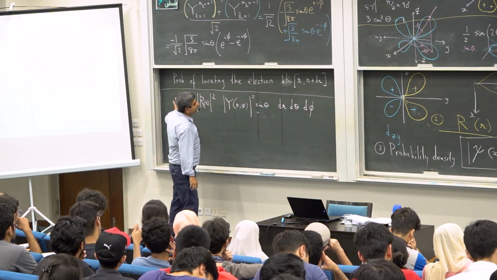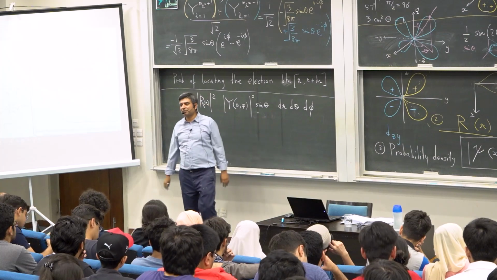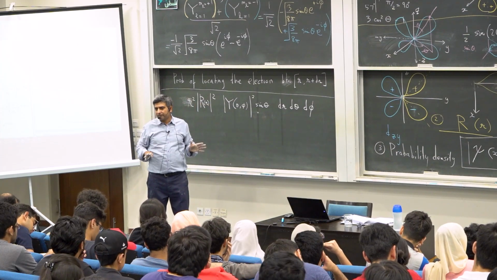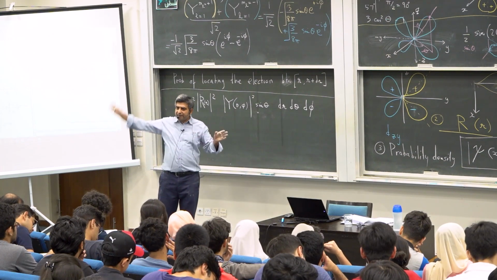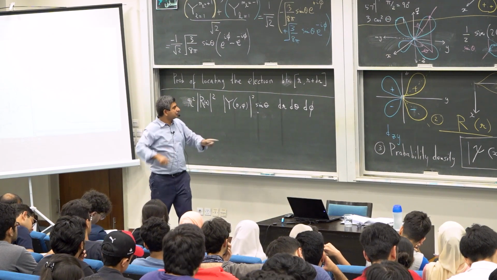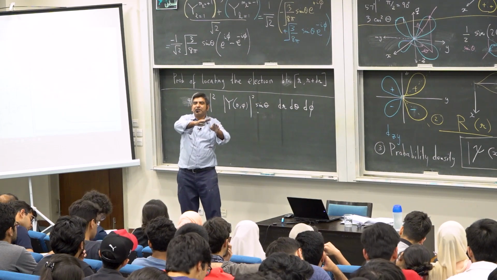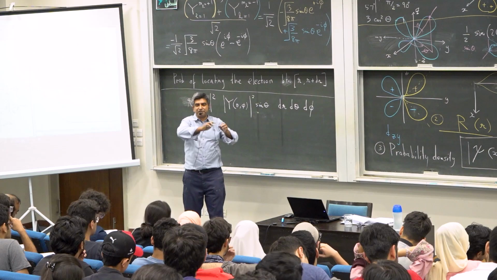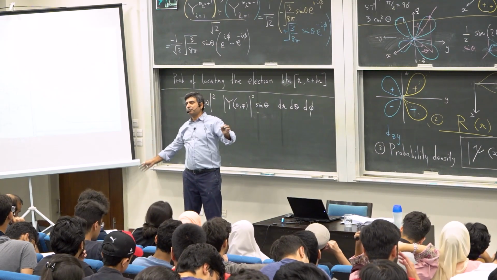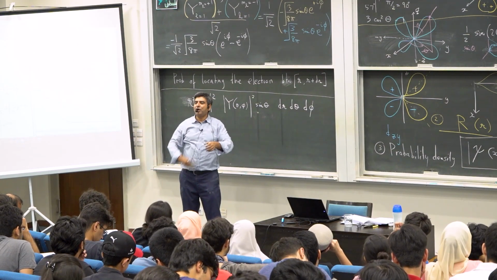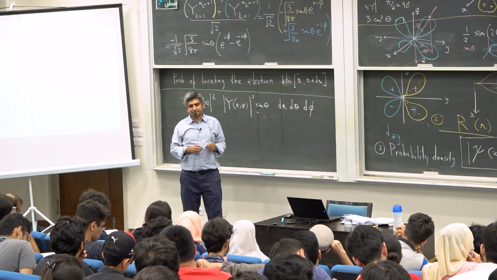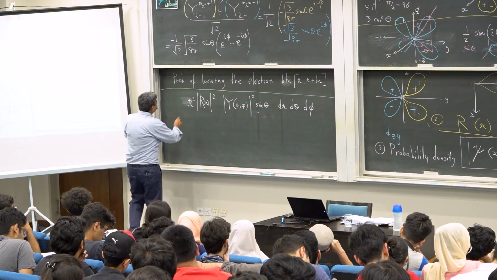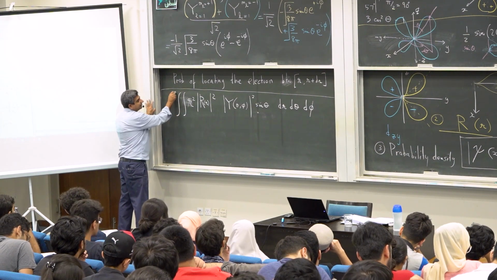So this is my probability of locating the electron in some small volume at distance r, theta, phi. Now I want to keep my r fixed. I just want to answer this question, which really means I want, no matter what the angular wave function is, to average out over all the values of theta possible, all the values of phi possible. Correct? How would I do that? First of all, I would need to construct a triple integral.